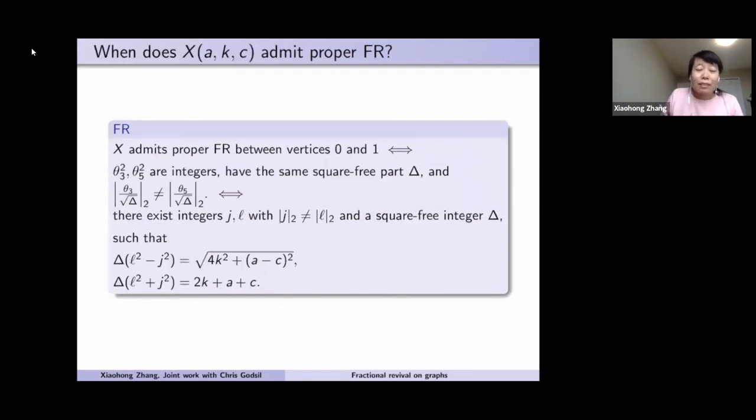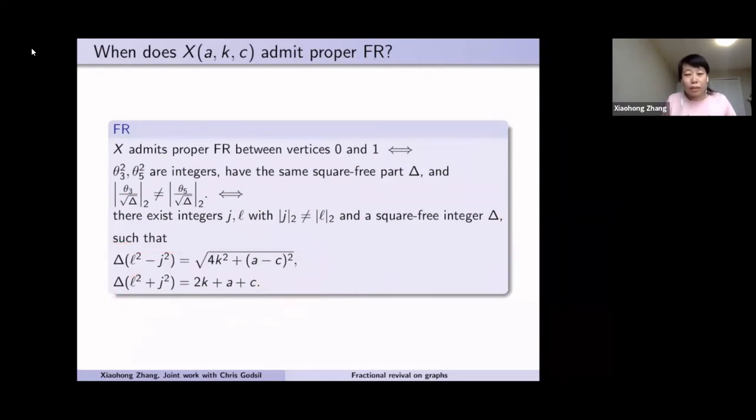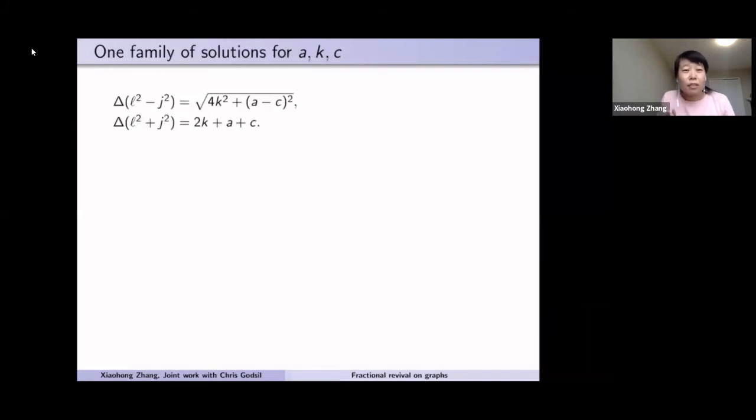We know the graph has an FR effect only if we can find some square-free numbers delta and L and G, so that those two equalities hold. Let's just check those two equalities. Those are all integers. That tells us this sum of squares is a perfect square.